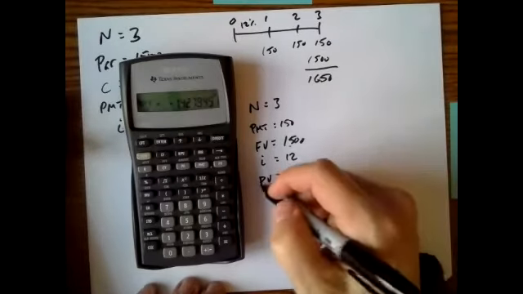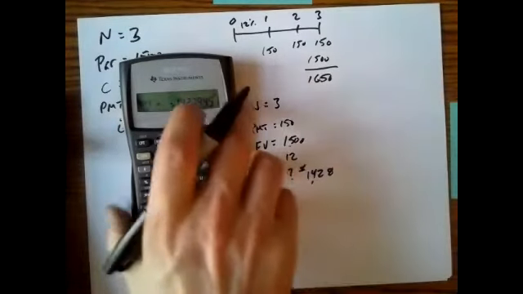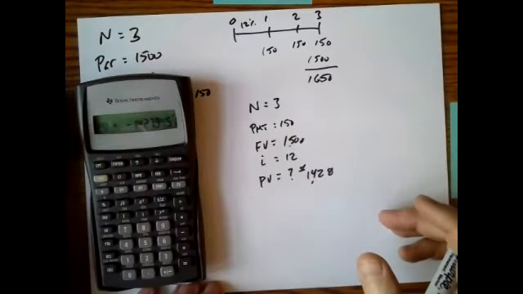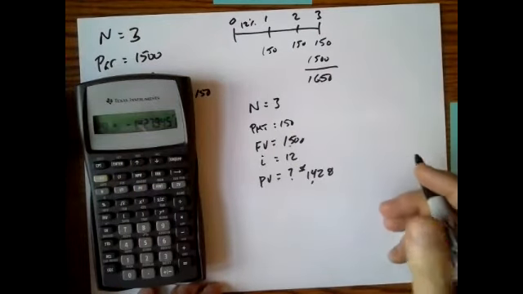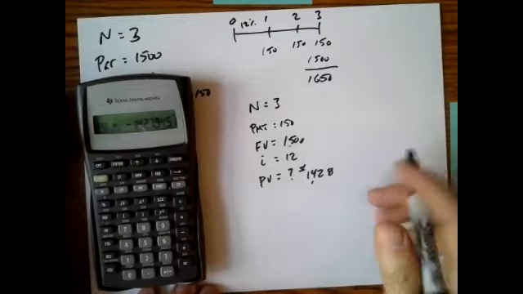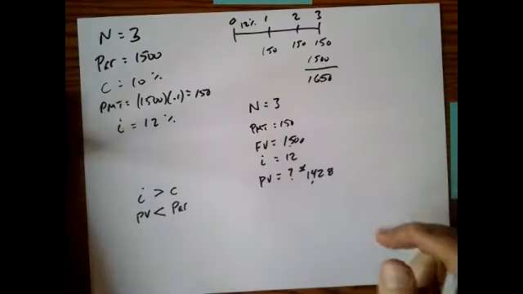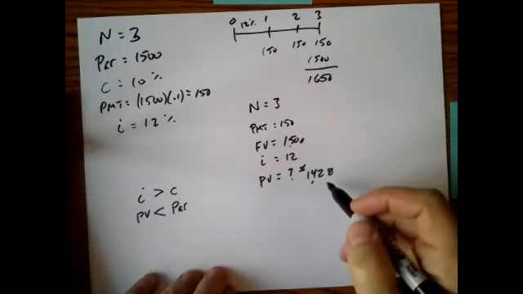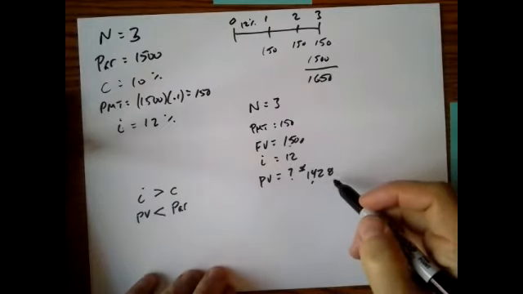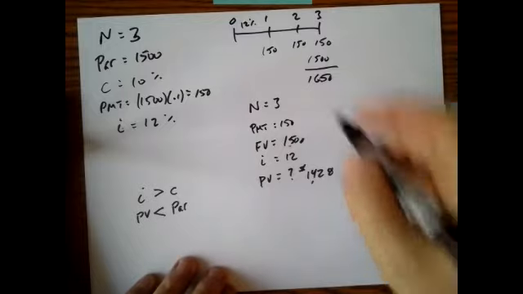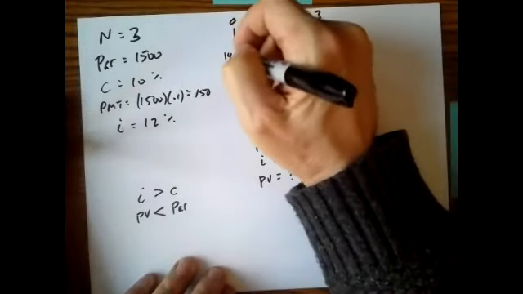So at the end of the day, if she wants to earn 12% interest, because she could just as easily buy a new bond and earn 12% interest, then she would want to pay no more than $1,428 for this bond. So $1,428.